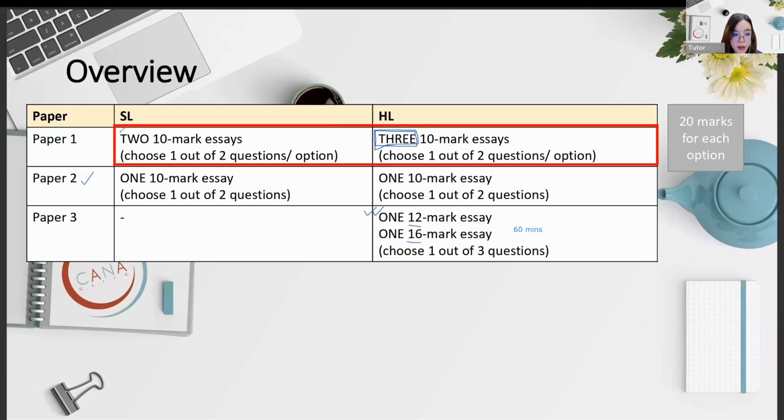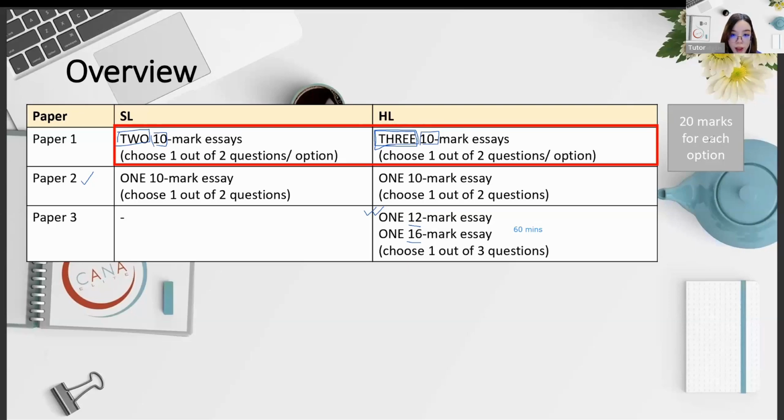For SL students, you only have 2. And the total mark is the same as Paper 2. For both groups of students, each essay carries 10 marks. For each option, the total marks are 20 marks.